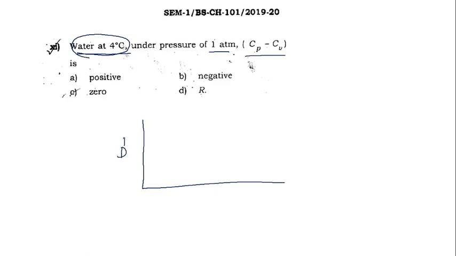Okay, now there is a tricky question. Water at 4 degrees centigrade under 1 atmospheric pressure, Cp minus Cv. What is special about 4 degrees centigrade and water? I think you have all drawn this kind of graph, with density here and temperature on this axis, where the density is maximum at 4 degrees centigrade.